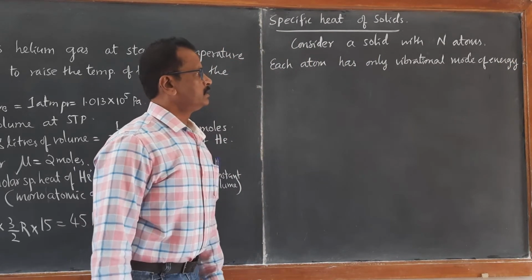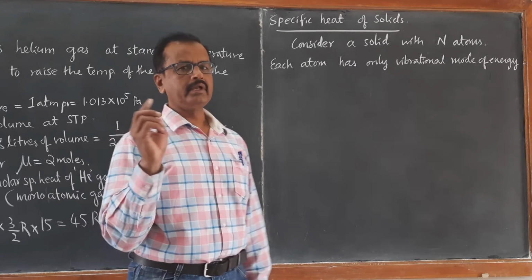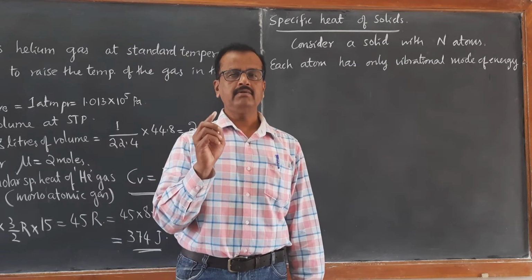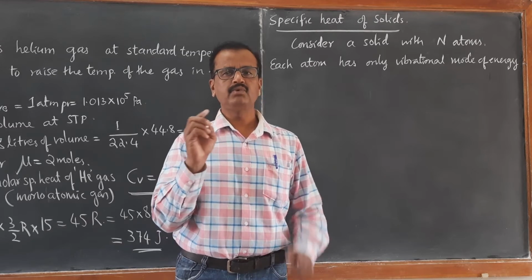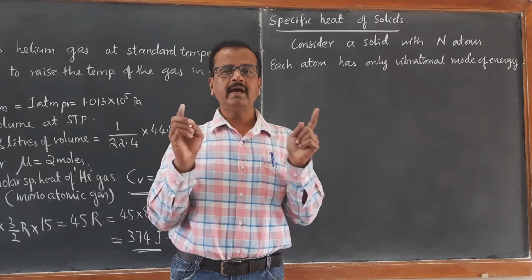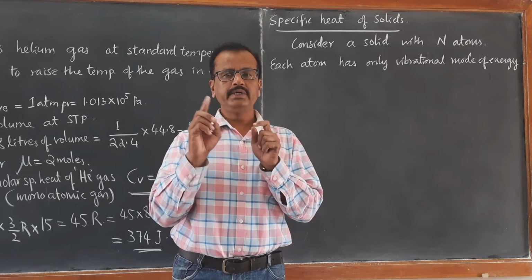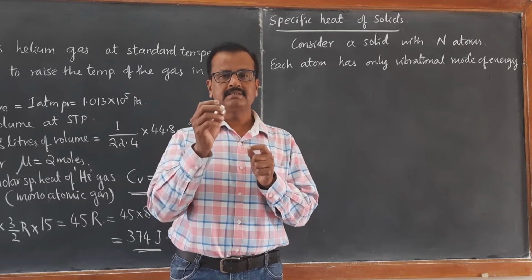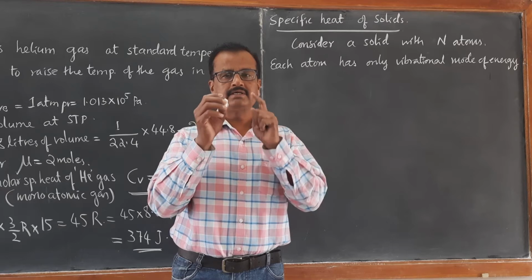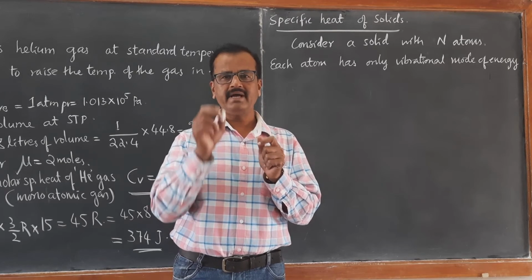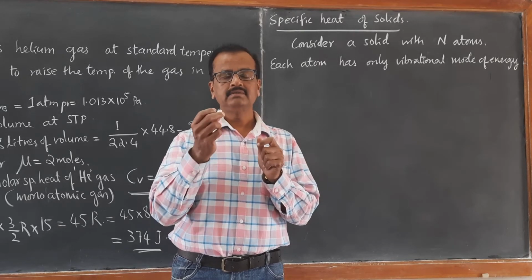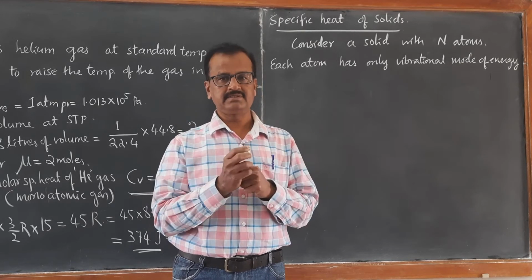So, if it is vibrating in only one line, then it will have 2 into half kBT. Each atom, if it vibrates only along one dimension, will have 2 into half kBT. But this atom in the solid can vibrate about the x-axis, the y-axis, and even the z-axis, in 3 dimensions.